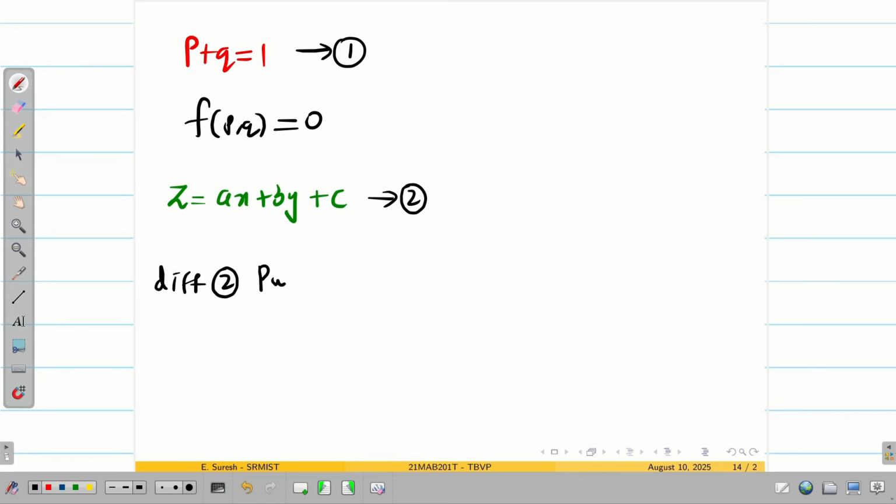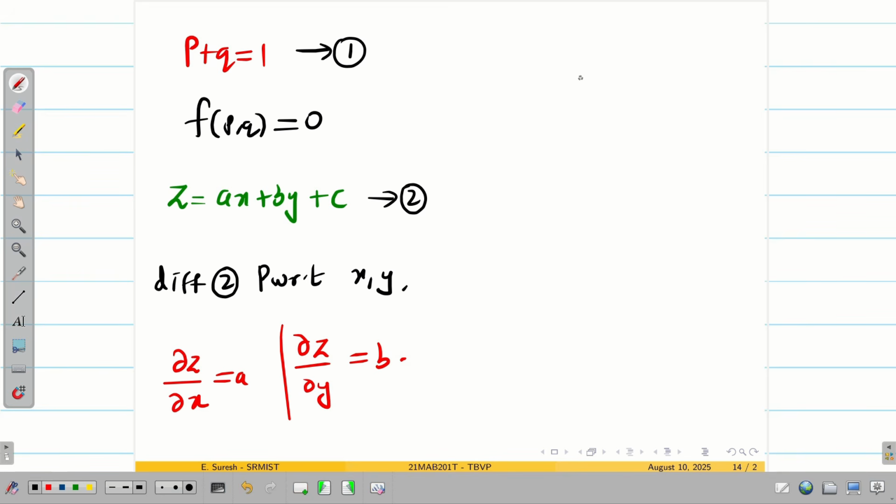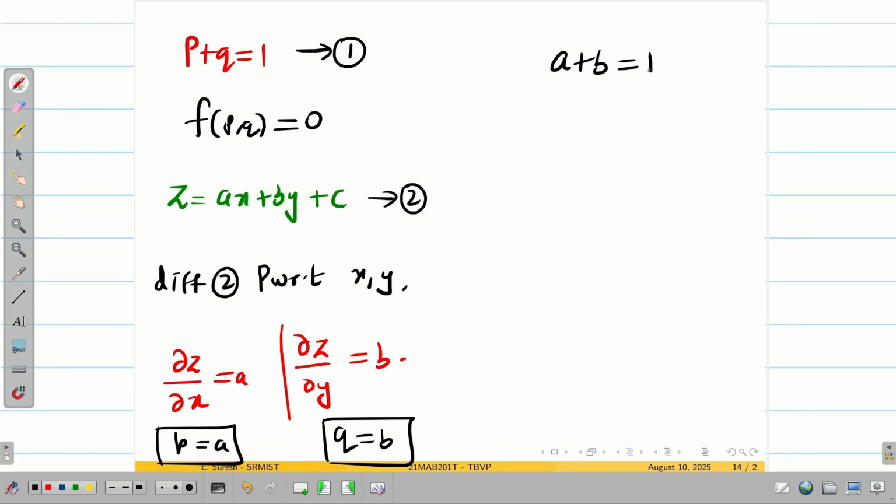Differentiate 2 partially with respect to x and y. So we get ∂z/∂x is equal to a and ∂z/∂y is equal to b. Now substitute this in equation 1. Before that we can write this simply as p equal to a and q equal to b. Substituting in 1, we get a plus b equal to 1.